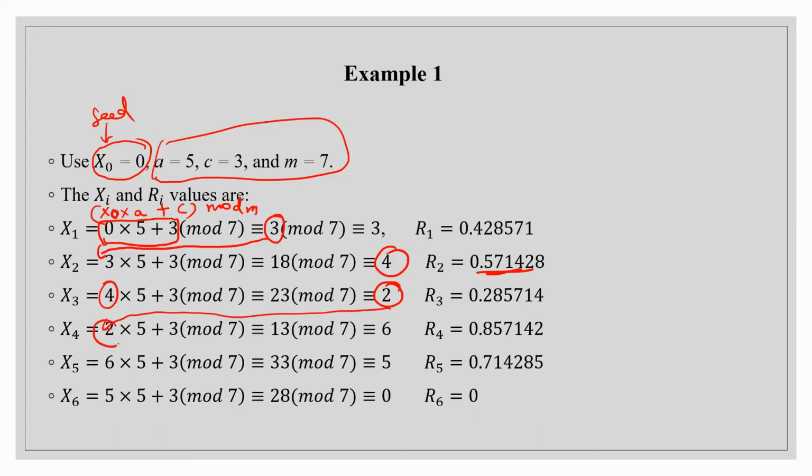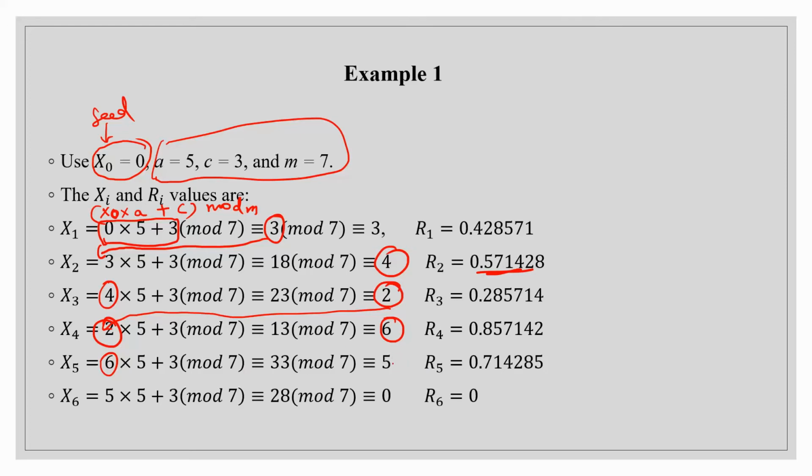So this will be used as my next seed value. So 2 into a plus 3, that is 13, and if you divide this with 7 you will get the remainder 6. This is my next number. Again do the same thing, you will get 33, then divide by 7 you will get the remainder 5. And random numbers, as I have told you, can be generated by dividing it by m.